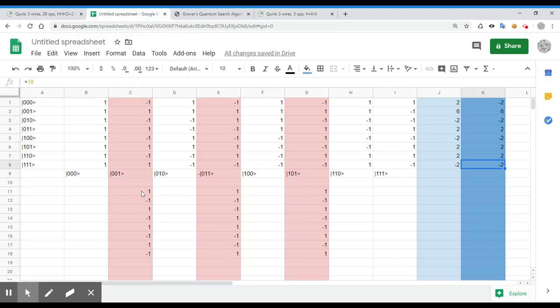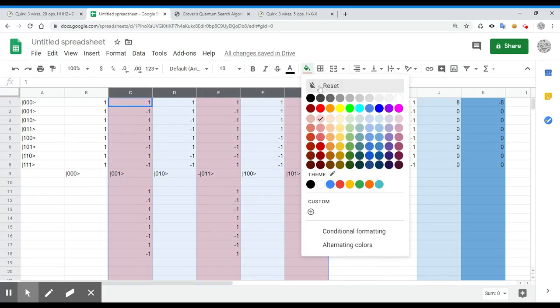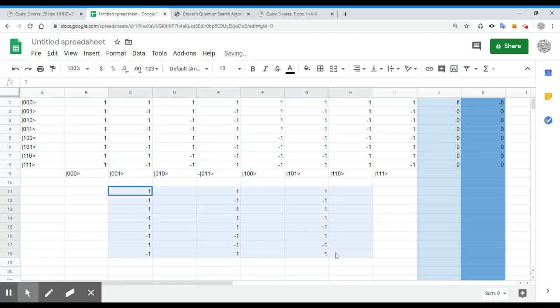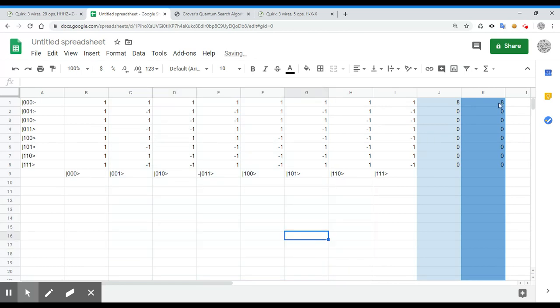So let's revert all these, go back to the original state. So we undo all the colors and get done with these. So now we're back at full 0.